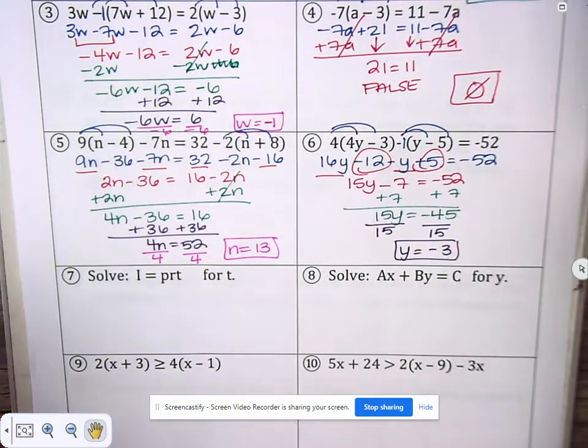And y equals negative 3. All right, so 1 through 6 are simple equations, multi-step, variables on both sides, distributive property, combining like terms, everything added into one. Okay, there's not going to be very many simple problems anymore. Okay, so you got to get used to this.